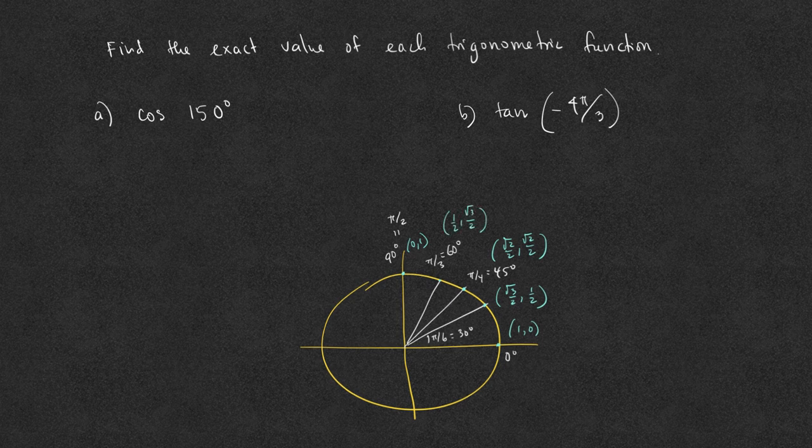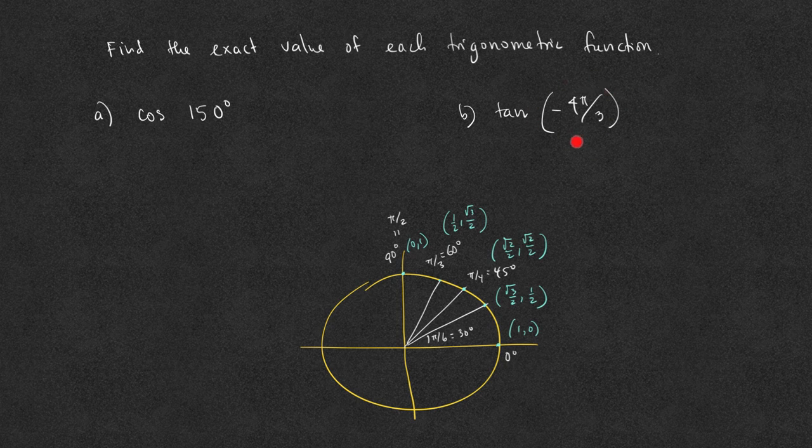The multiples of these angles are the special angles on the unit circle, and we will be able to evaluate the exact value. 150 degrees is a multiple of 30 degrees, and so we will be able to use the unit circle to obtain the exact value.